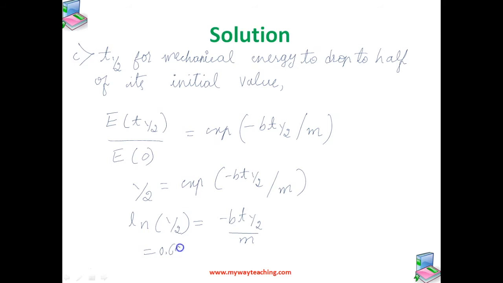We get 0.693 by 40 into 200, and the t1 by 2 value is equal to 3.46 seconds. So this is just half of the decay period for amplitude. Okay.